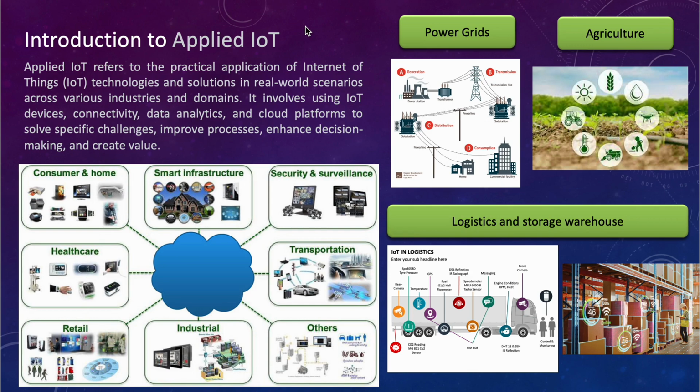Creating value could happen in two ways. It could be through productivity and efficiency, or through increasing the processing capabilities of production.